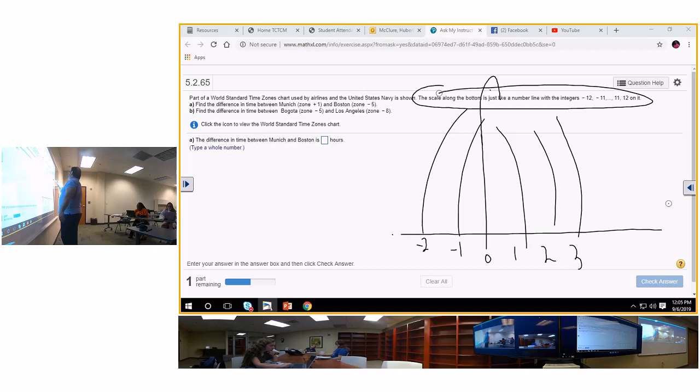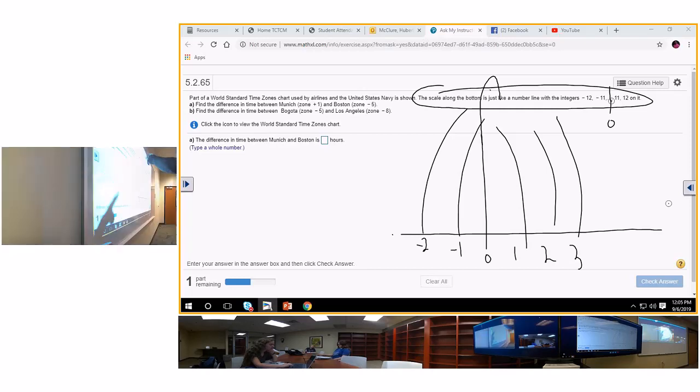So, you have negatives and positives, and that's what they're saying right here. You got 0 somewhere in the middle. You got 1, 2, 3, 4, 5, 6, 7, 8, 9, 10, 11, 12 on the right. -1, 2, 3, 4, 5, 6, 7, 8, 9, 10, 11, 12 on the left. That's what they're saying. Find the difference between the time zone, Munich, at +1, and Boston at negative what?